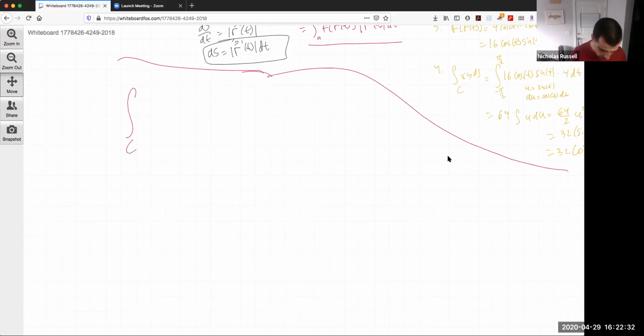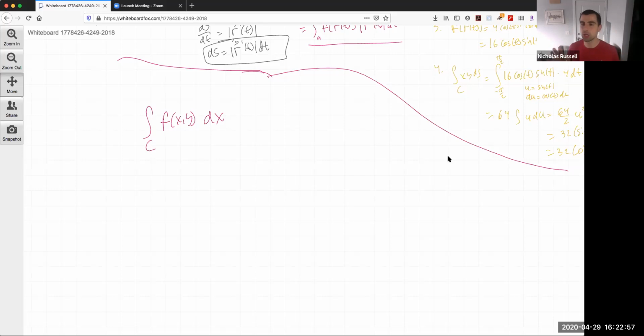So for instance, let me actually change this a little bit. If I ask the question, the integral of f of x, y over my curve C now, but not with respect to s, how about with respect to x? What if I say I want to just move in the x direction?